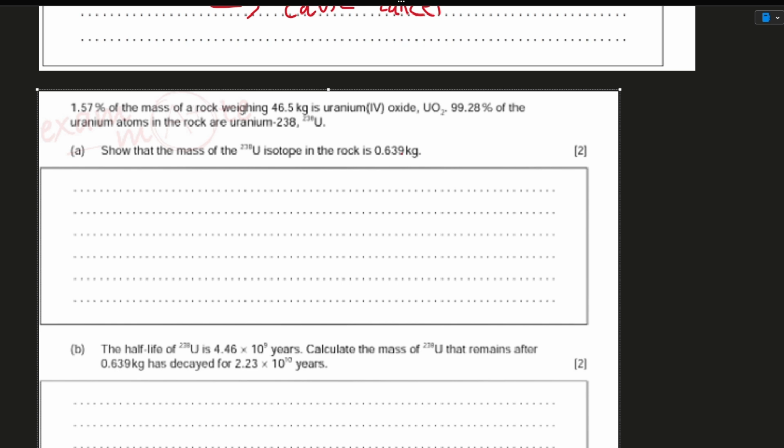So we know that uranium's mass number is 238, so we have 238 divided by the whole compound, because the formula is the mass of that specific element divided by the whole compound, right?